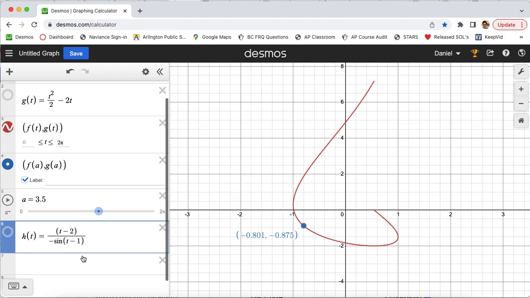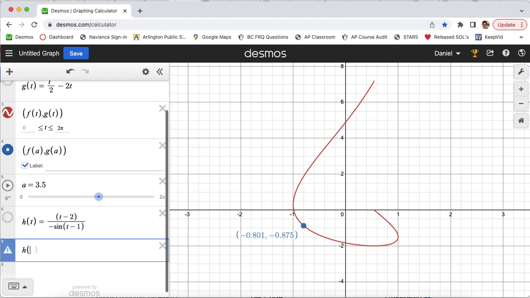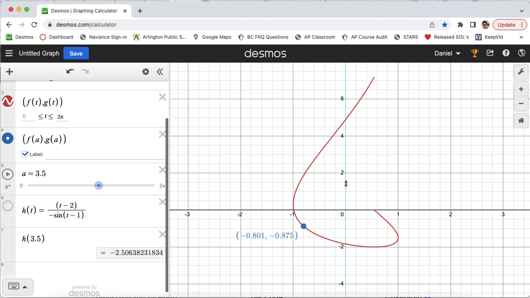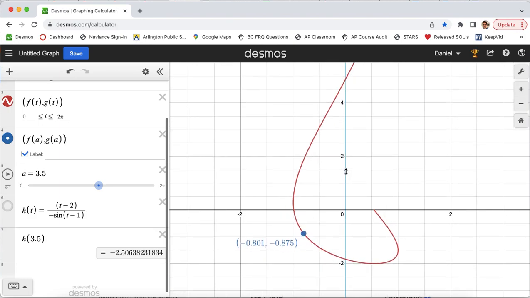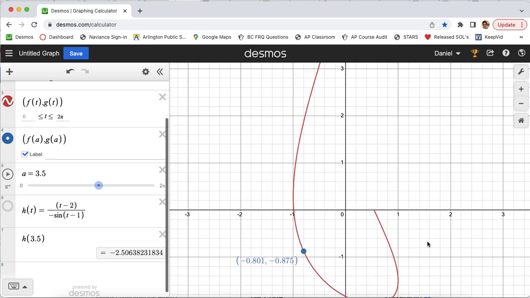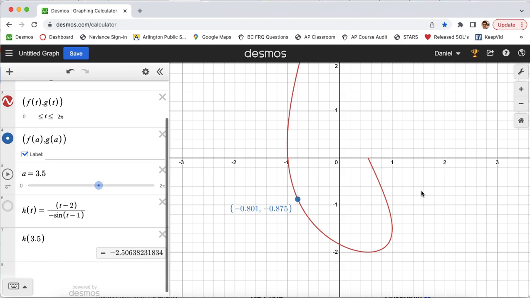But I can find out the derivative at 3.5 is negative 2.5. And if you notice, that makes a lot of sense here because this graph looks like it has a slope of about negative 2.5. I know it doesn't look like that right now, but that's because the graph wasn't a perfect square. Now that it's a perfect square, you can see that it does look like a slope of negative 2.5.